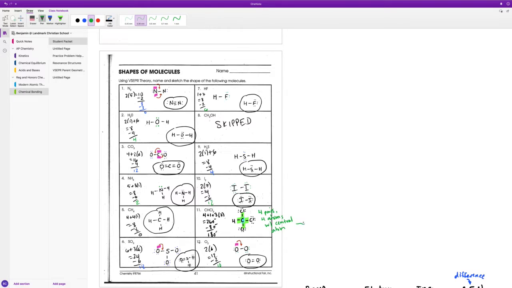And so that means we've got a tetrahedral molecule. Okay, so the shape of this molecule is tetrahedral. Let's go back up here and go through them one by one now.